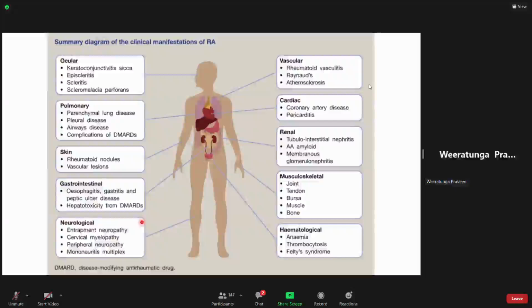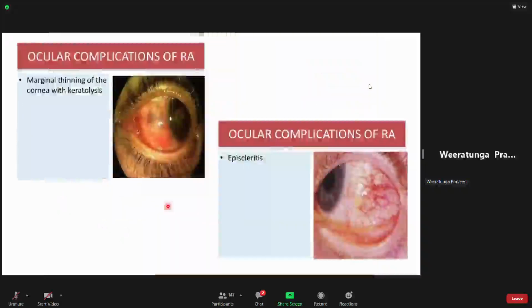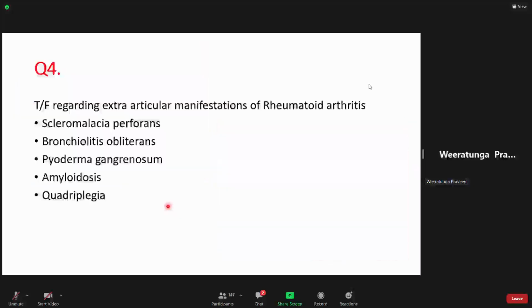Now this diagram gives you a lot of MCQ points. The extra-articular manifestations of rheumatoid arthritis. We have gone through this in the long case as well, and let's just go through the MCQs to see if you remember some of them. Ocular complications, remember corneal complications, you can get corneal ulceration as well, are seen in patients with rheumatoid arthritis.